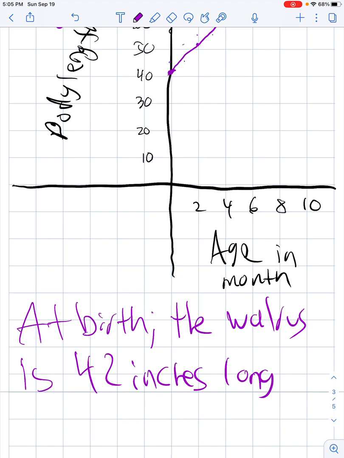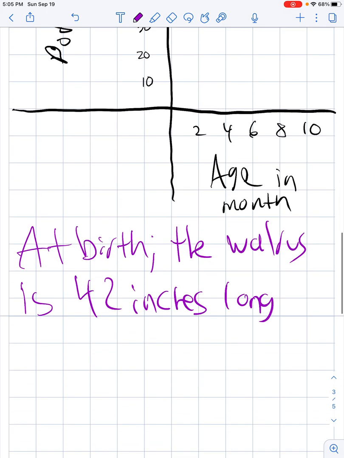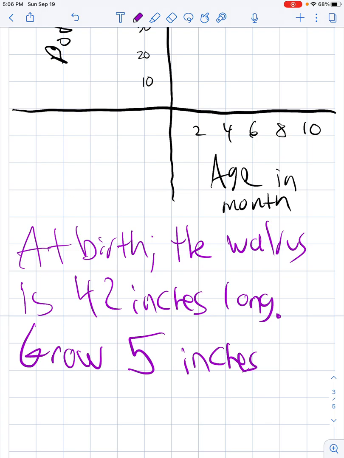So that's the calf's rate of growth per month. They are going to grow 5 inches per month.